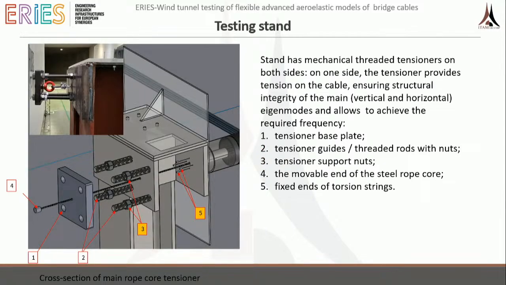Here is the schematic of how the tension was provided. On one side, this was a mechanical threaded tensioner, used for adjusting the frequency by just moving the distance of this steel plate here. It looks like here.